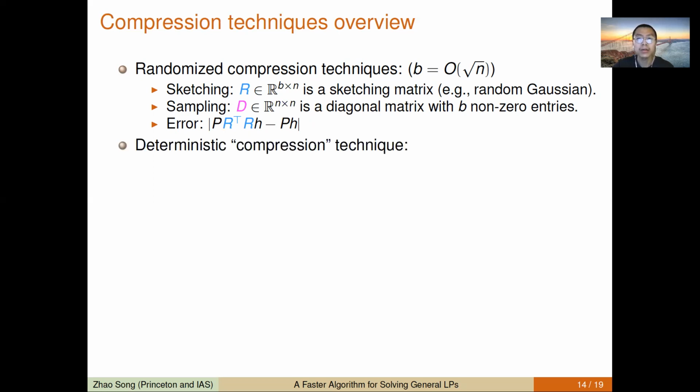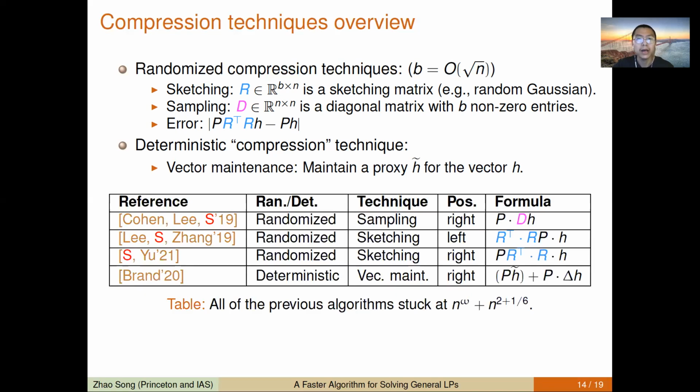Another technique is the deterministic compression technique, where you try to maintain a vector which is an approximation of h. Here is a summary of four works before us.